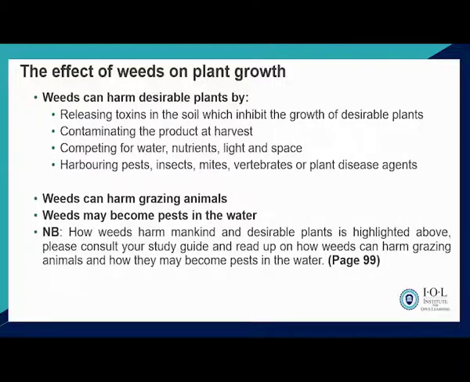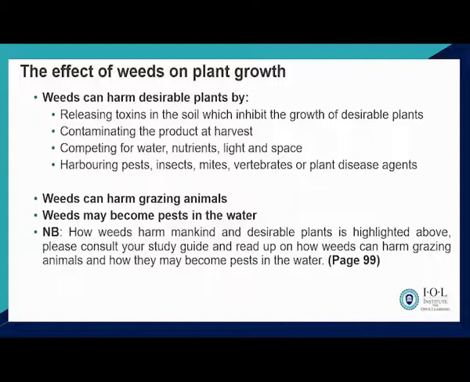They can also harbor pests, insects, mites, vertebrates, or plant diseases, or they can act as plant disease agents. So now we know that weeds can be harmful to humans and plants. And lastly, they can also be harmful to grazing animals. They can also be pests in the water.